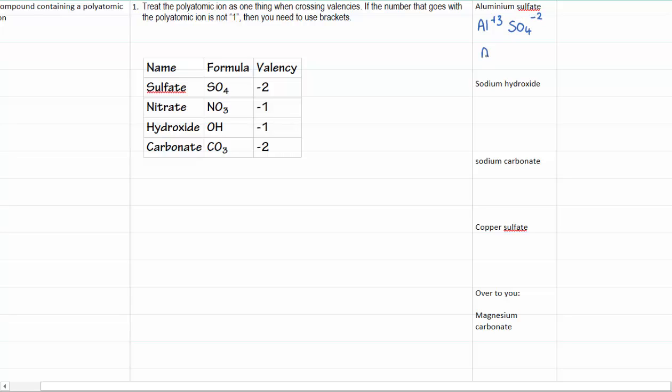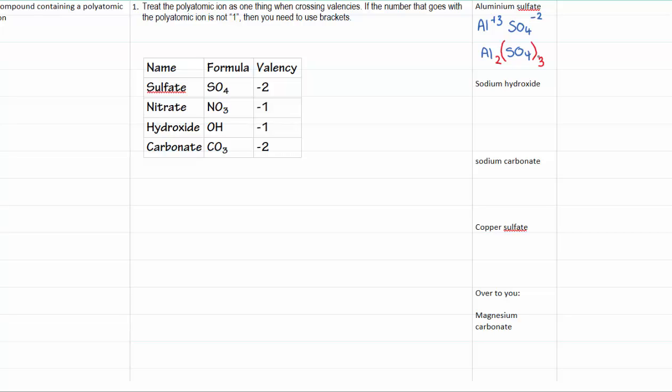So the number 2 from sulfate is going to go with aluminium, and the number 3 is going to go with sulfate. But because we need a number to go with a polyatomic ion, we're going to have to use brackets. And you can see how I've done that here. So the formula is Al2(SO4)3.